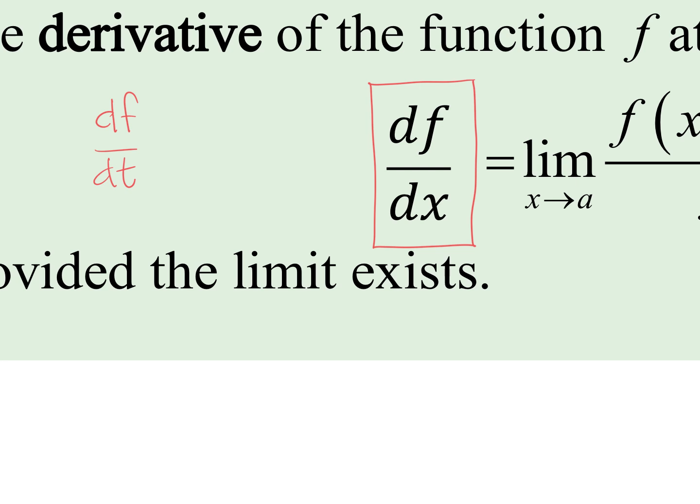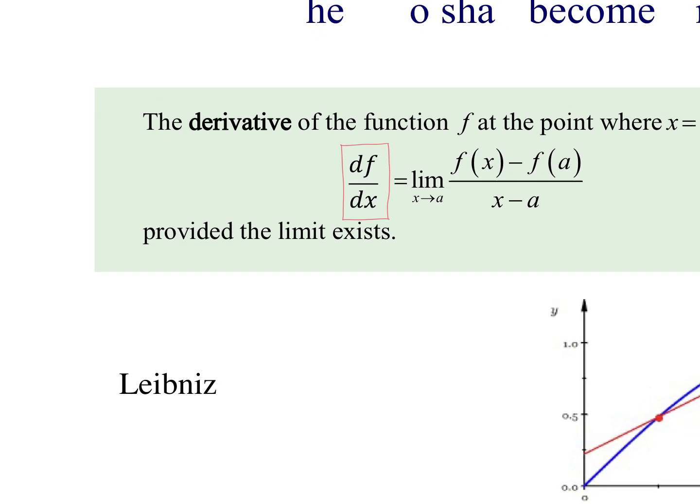Or if I was working in the z-axis, it would be dz. It's whatever variable you're working on with whatever function. So it could be dg over dx. That means you're working on the g function derivative. All of those things are just the symbology, or the notation, of how we write it. That was how Leibniz wrote it.